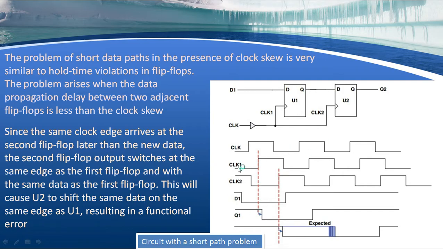This will cause U2 to shift the same data on the same edge, resulting in a functional error. So we will have data which is not expected. It sees the data differently. The same data has been clocked two times by the same clock because of this skew.